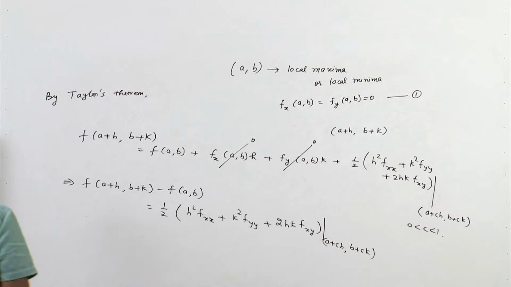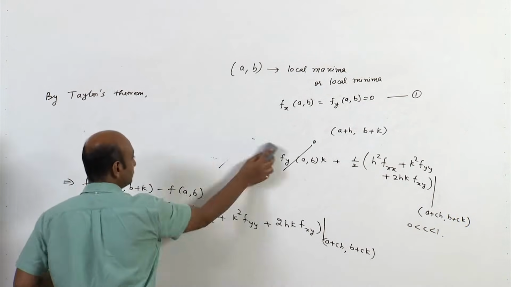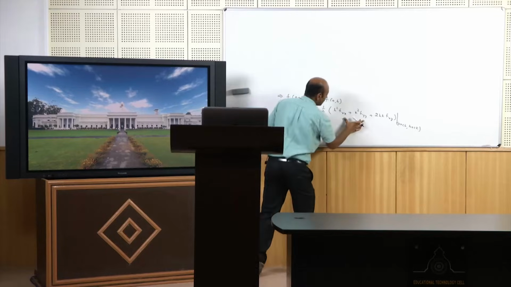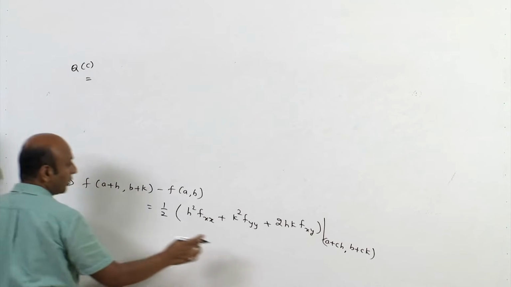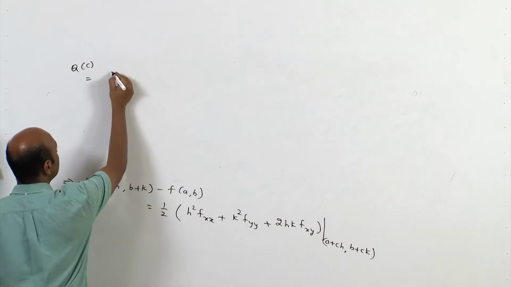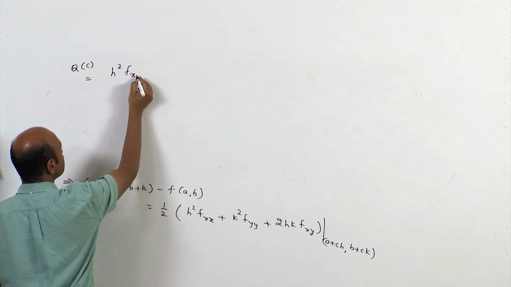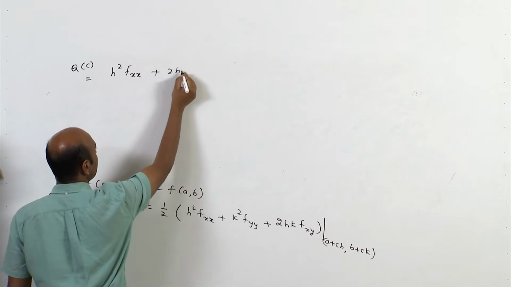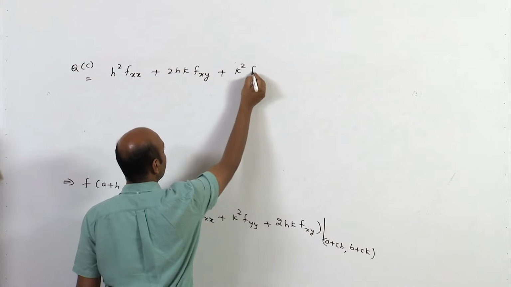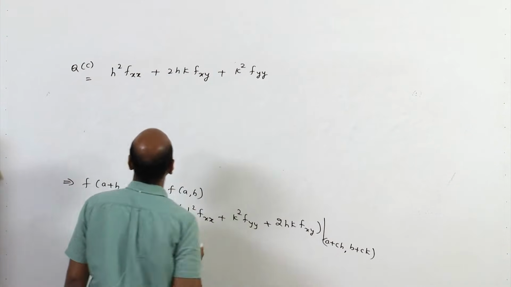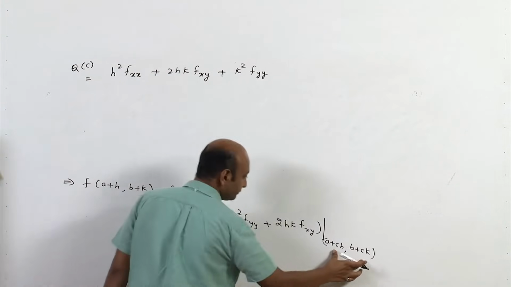So, how can we say for this point, this function? Now, let us take this term as, say, QC, because it involves C. So, let us call it QC, which is h square f x x plus 2 h k f x y plus k square f y y at this point.